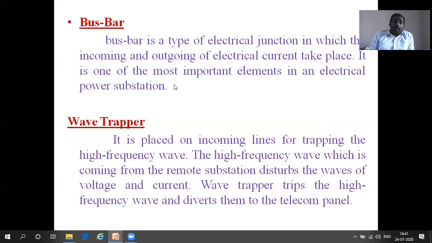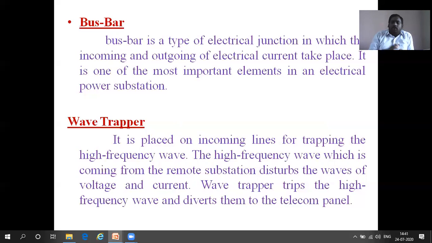So then, wave trapper. Many people don't know about this wave trapper. So listen, communication waves are also carried parallelly through electromagnetic waves in our atmosphere, through the air medium.